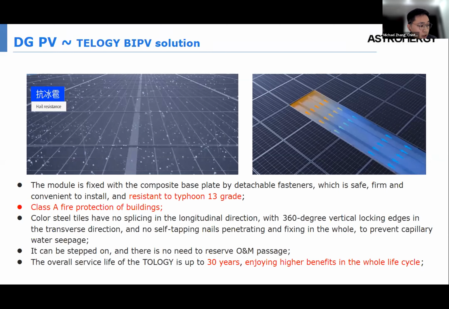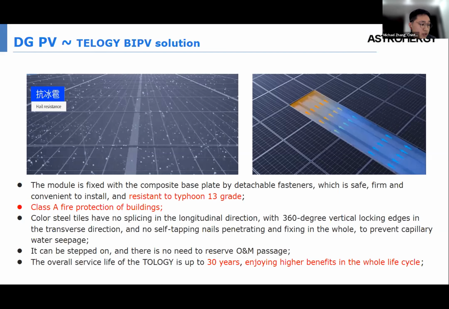And third, the color steel tile has no splicing in the longitudinal direction, with 360-degree vertical locking edges in the transverse direction, and no self-tapping nails penetrating and fixing holes, to prevent capillary water seepage. It can be stepped on, so there is no need to reserve an O&M passage anymore.